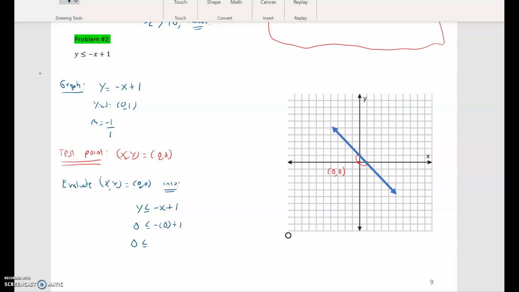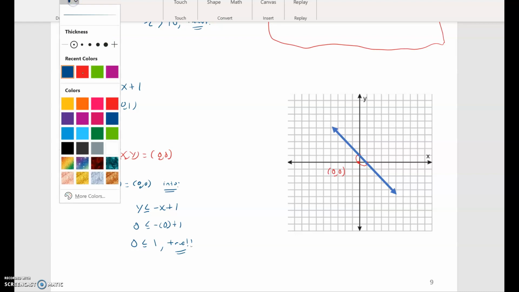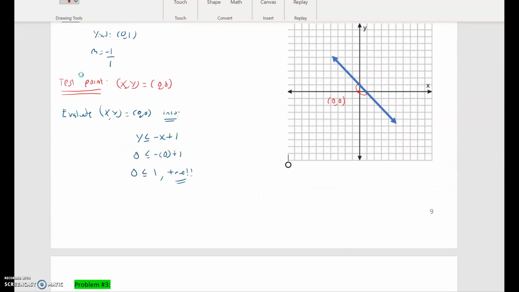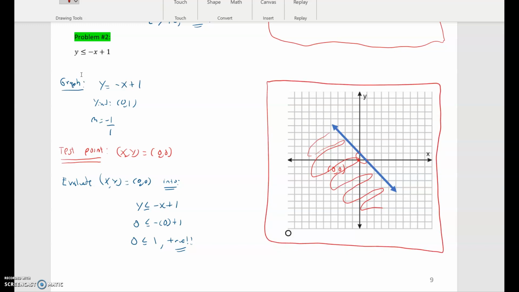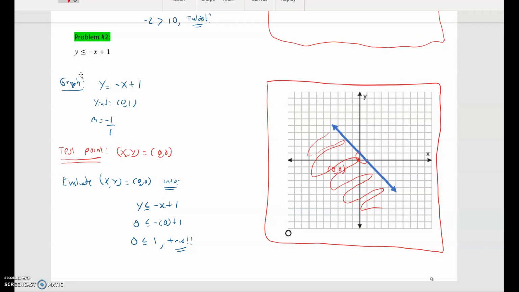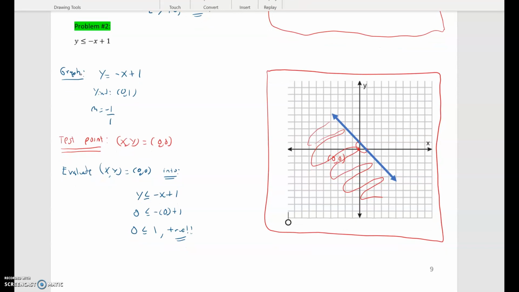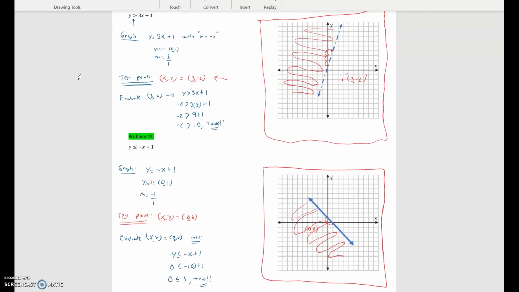Means that 0 is less than or equal to 1, which is technically true. What that means is that we're going to be shading the actual values below the line. If testing 0, 0 would have been actually a false statement, then we would have shaded the line above it.